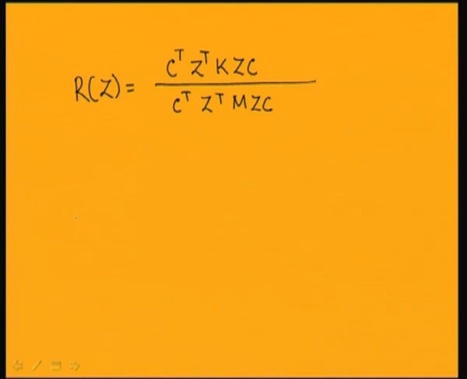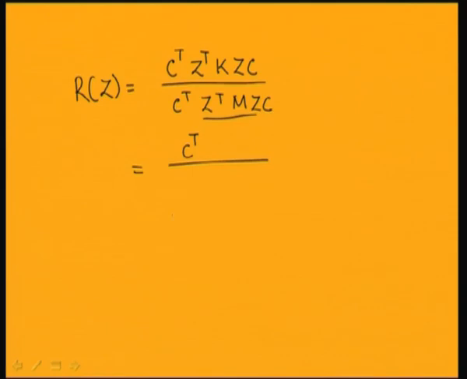Already you know that Z transpose K Z is a diagonal matrix with omega square in the diagonal terms, and Z transpose M Z is the I matrix.